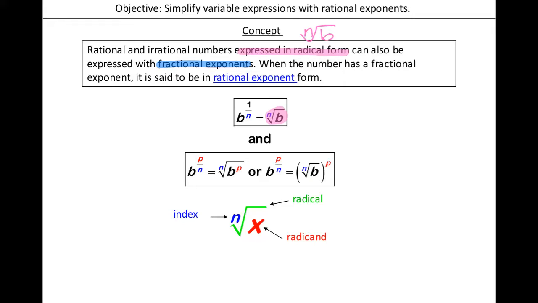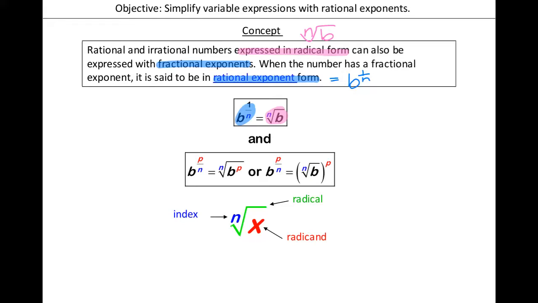And when the number has a fractional exponent, it's said to be in rational exponent form. So this b to the 1/n would be the rational exponent form. The radical form is when you have the radical symbol, the nth root of b, and a rational exponent form is when you have it raised to a power that's a fraction.